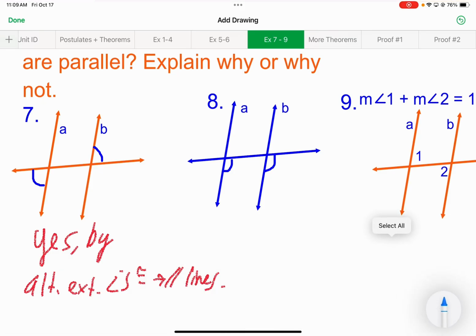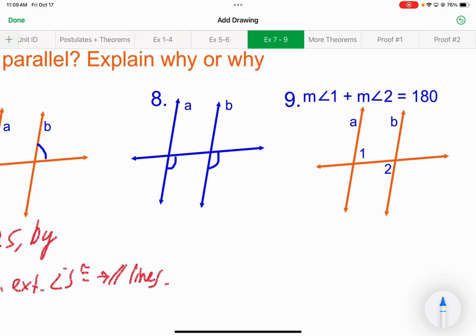Teague, number 8. What type of angles you got, bud? And what does it show in the picture? And what do those arcs mean? It does. So, is that enough to prove lines parallel? Yes, sir. So we would say yes by corresponding angles congruent imply parallel lines.